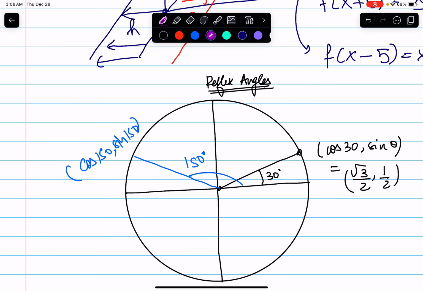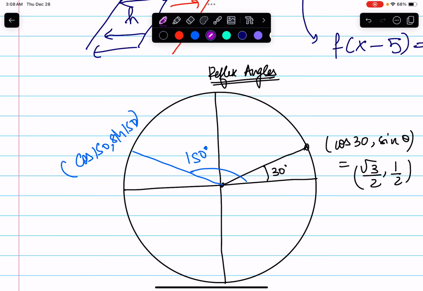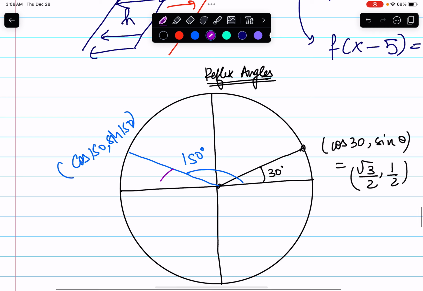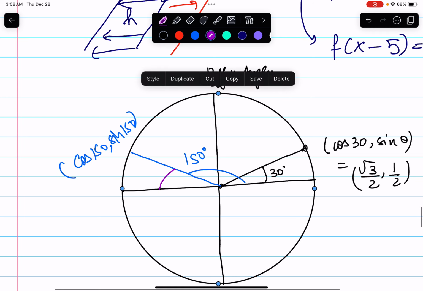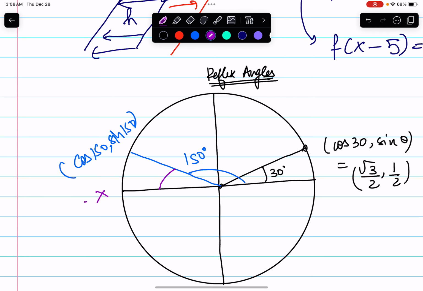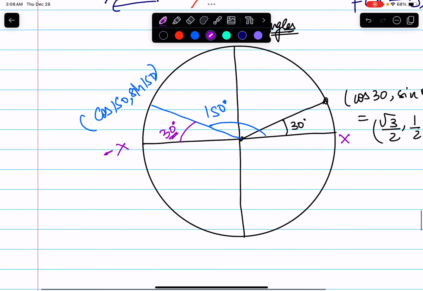So once again, always visualize the unit circle. So when you get 150 degrees, what you do is that you take the angle between 150 degrees and the x-axis. So reflex angle is always taken with the x-axis, okay? And then I get this reflex angle over here to be 30 degrees, all right? So remember, take the reflex angle with the x-axis.